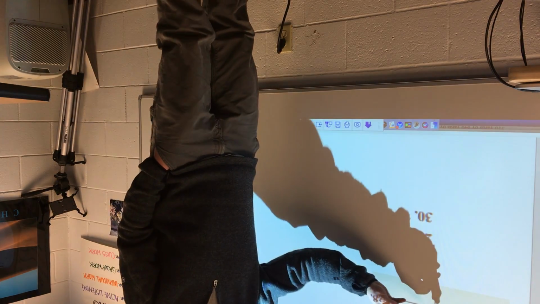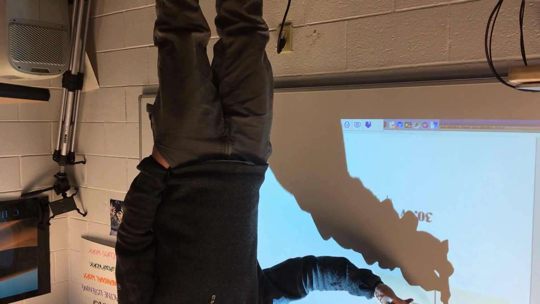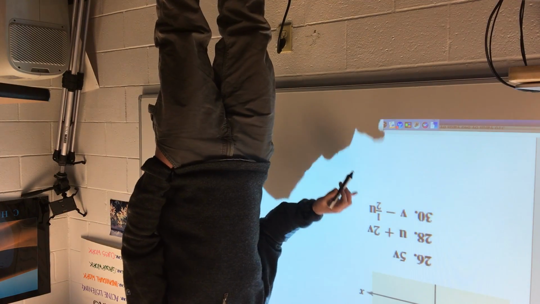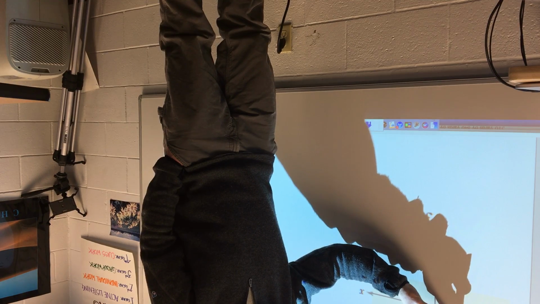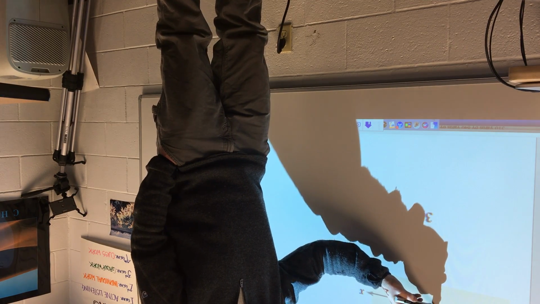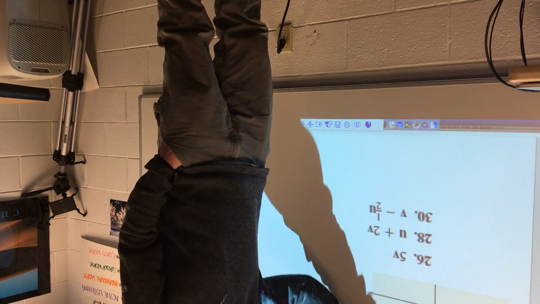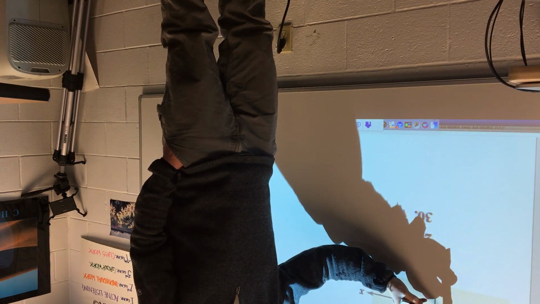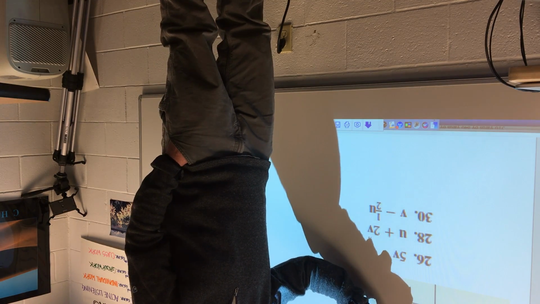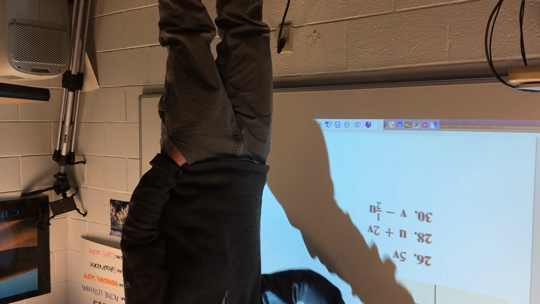Right? So if this is V and this is U, right? And we want to look at subtracting half of U, right? What I'm going to do is I'm going to just draw half of U right there, right? And then U goes in that direction, so negative U goes in this direction. So I'll move it to here, right?